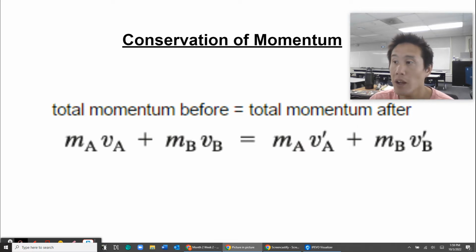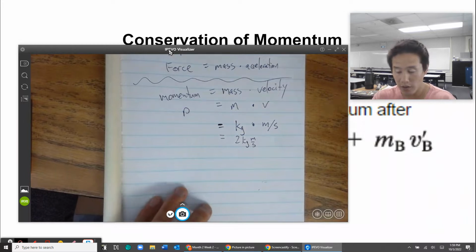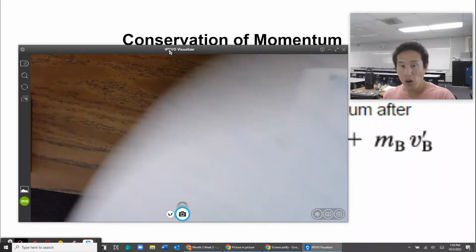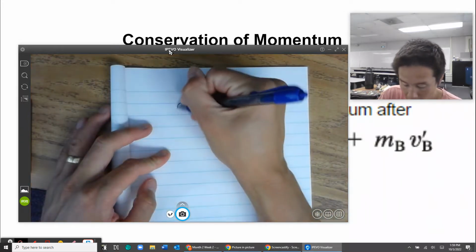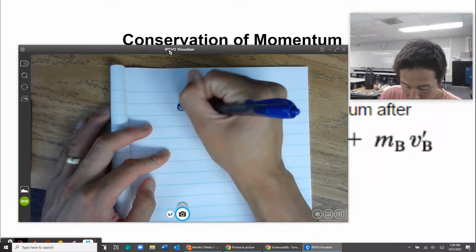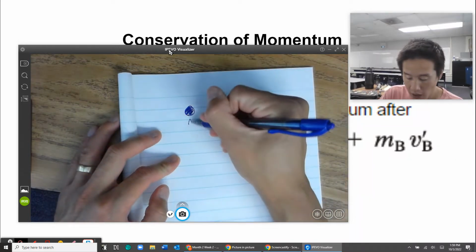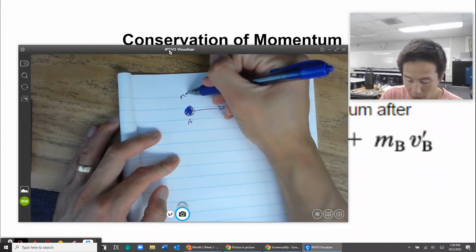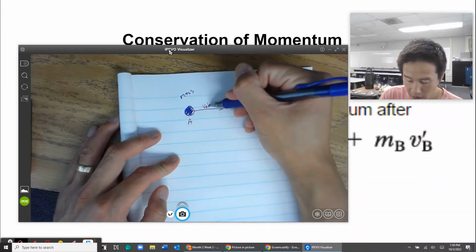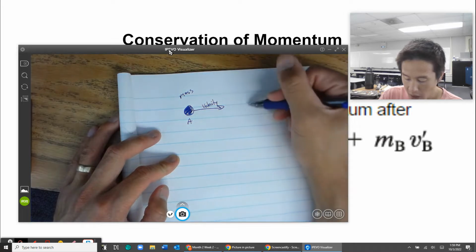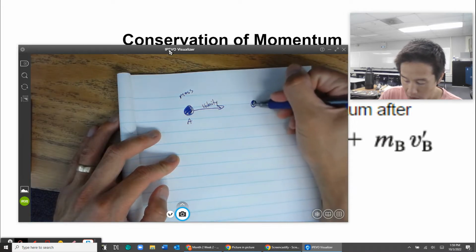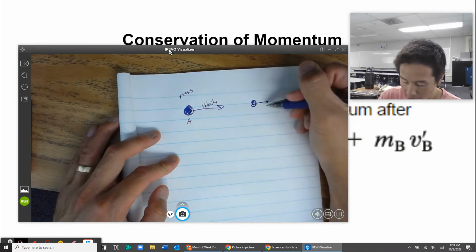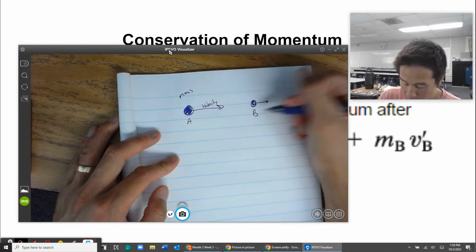Okay, so what do I mean by object A, object B? So for instance, let's do a scenario where object A goes in with a momentum, it has a mass, and it has a velocity, okay? And object B wasn't quite going as fast, this is object B, okay?